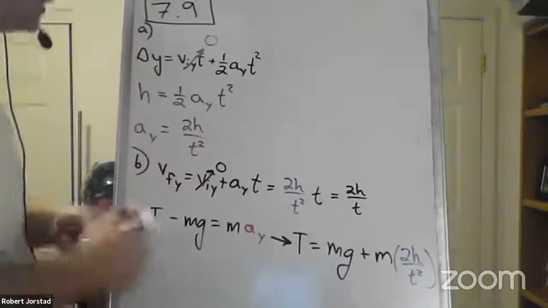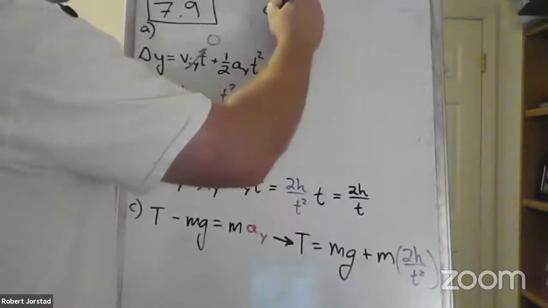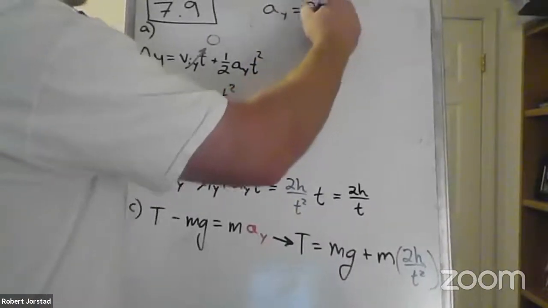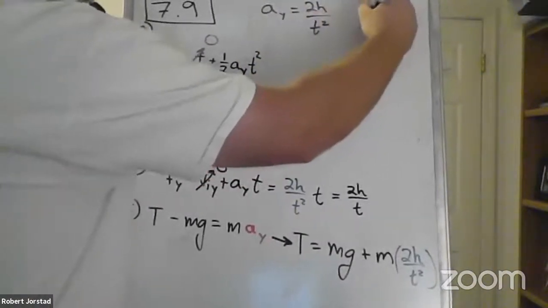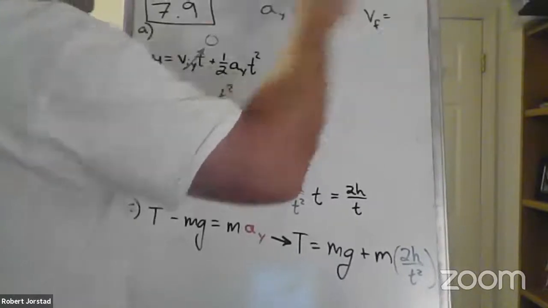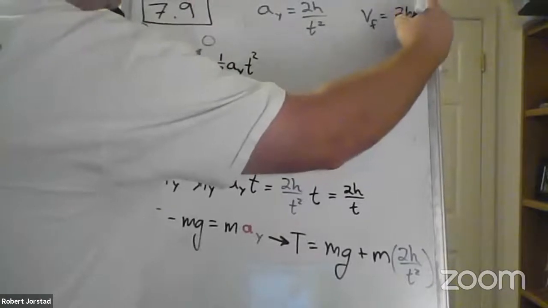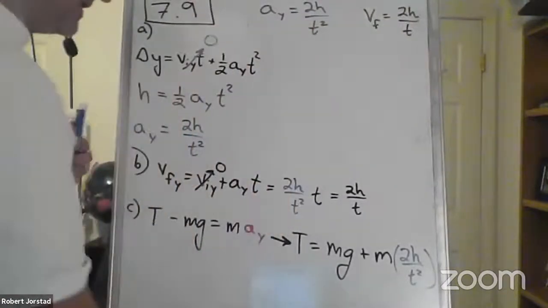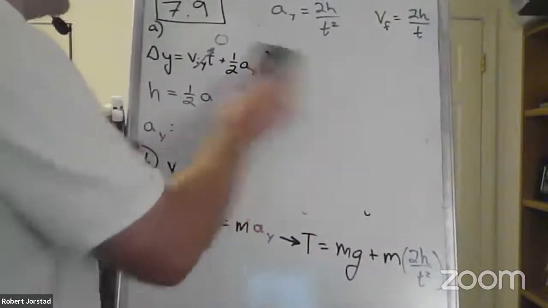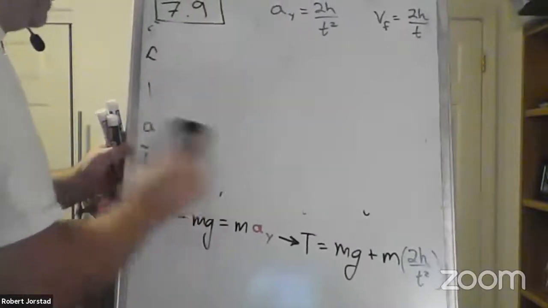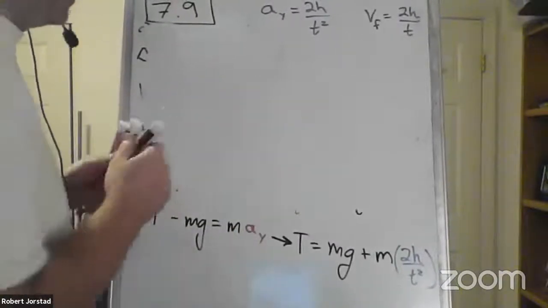One of the results, we found our acceleration in the y direction was equal to 2h over t squared. We know that our final velocity was 2h over t. And we found that the tension in this problem was some big mess. Let me write that up here. Just organizing, okay?